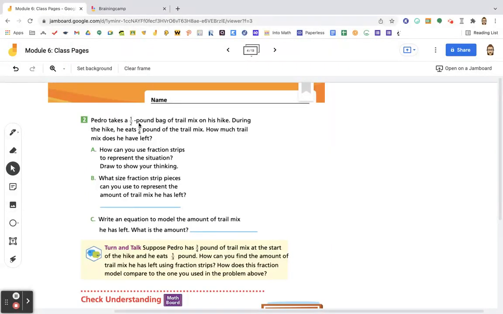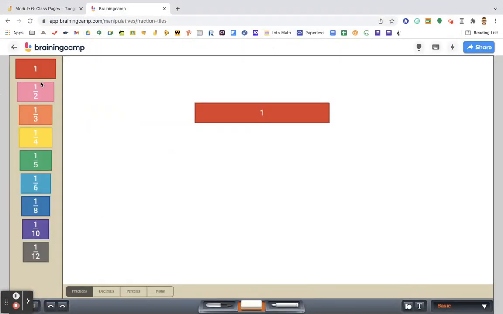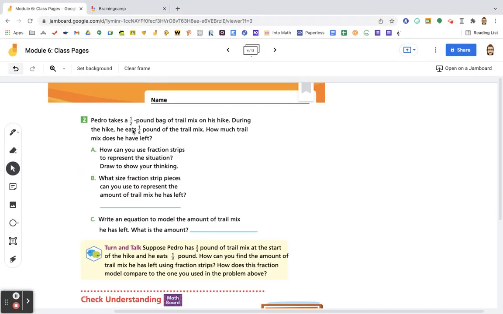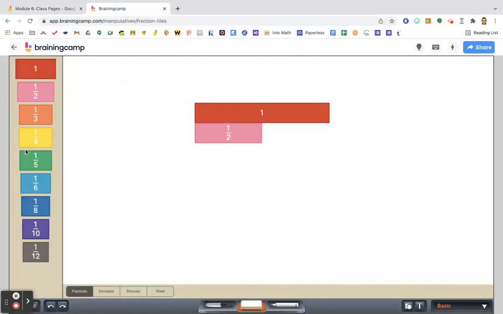And we have 1/2 pound. And he eats 1/4 of the trail mix. So we put 1/4. We're taking away 1/4, so we want to know how much is left here. So a half obviously isn't going to work. If we line up, a third doesn't work.